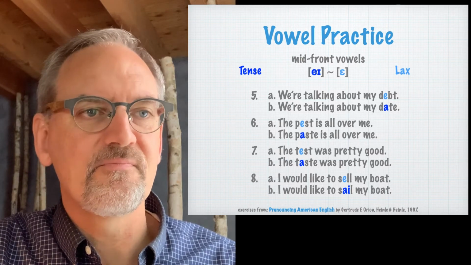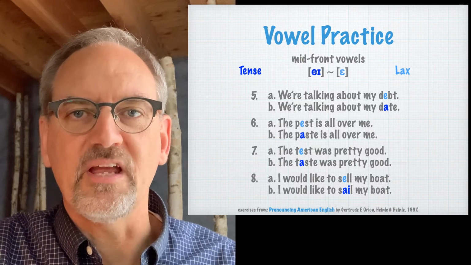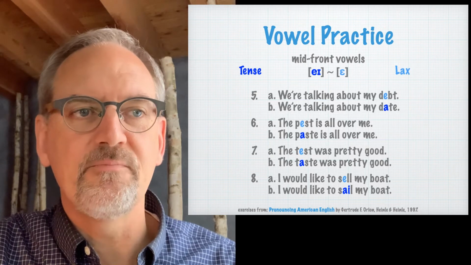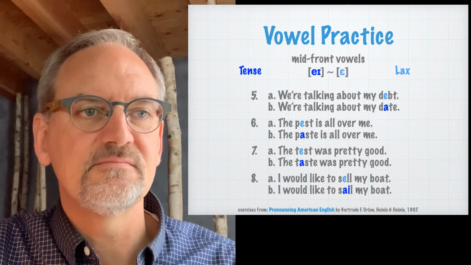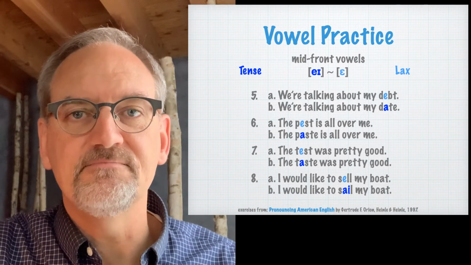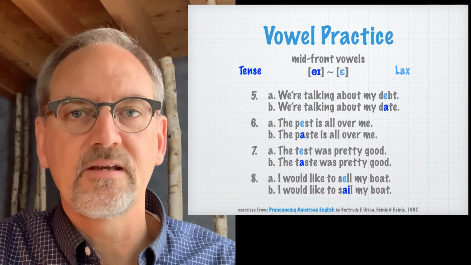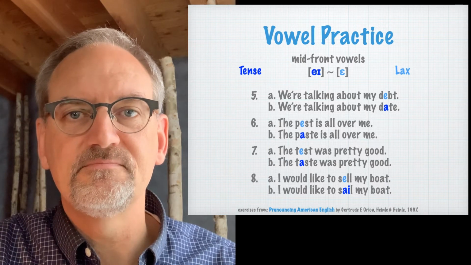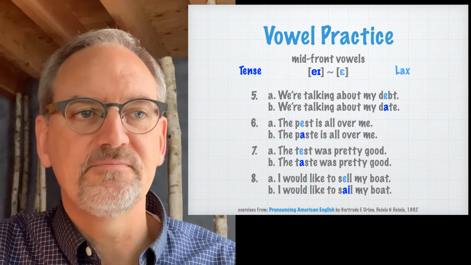Okay, 6. 6A. The pest is all over me. And B. The paste is all over me. 7. The test was pretty good. And B. The taste was pretty good. Number 8.